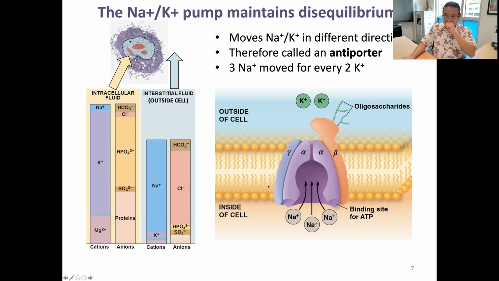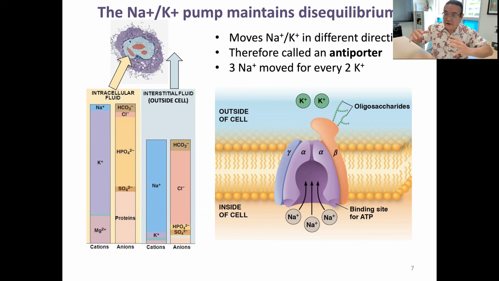On the right here is an illustration of one of the proteins that handles this. This is a transport protein that functions as a pump. So rather than just passively allowing things to flow back and forth like a facilitated diffusion carrier protein would, this protein complex actually has to pump things in one direction.